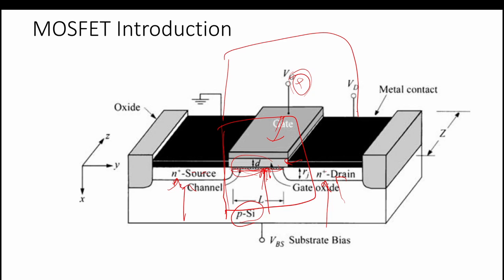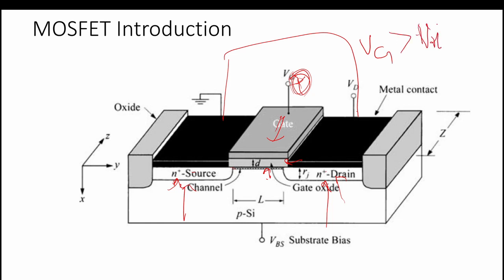Say we have applied a sufficiently positive bias at the gate, so VG is greater than VTH. This will create a channel just below the gate, at the interface of the semiconductor and the dielectric.